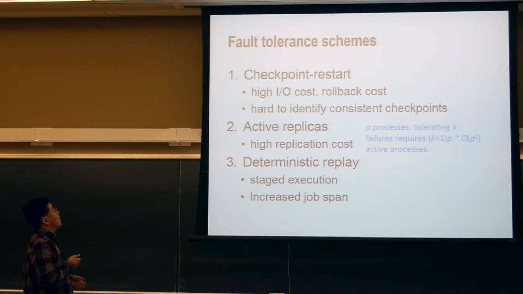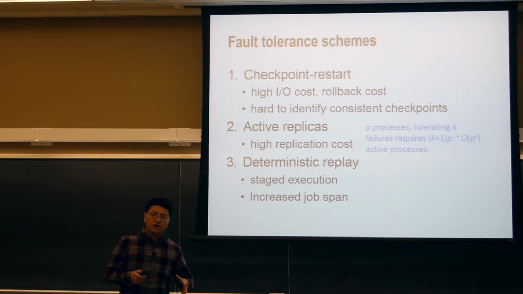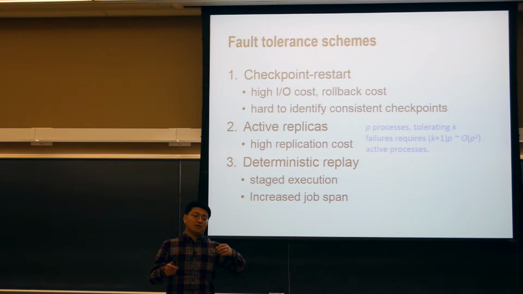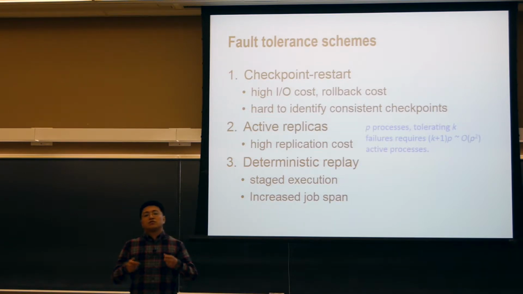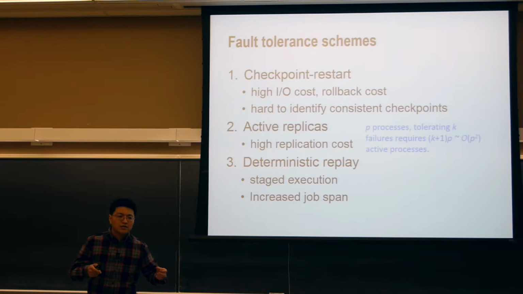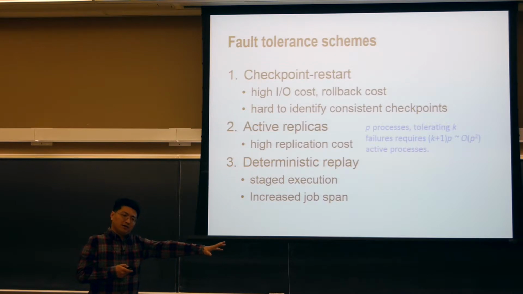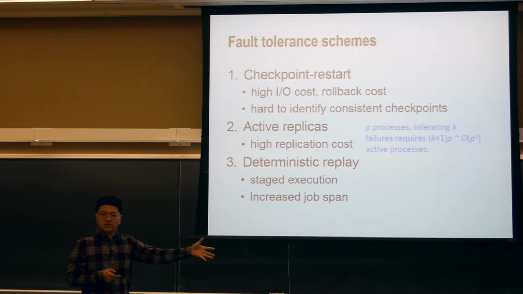The first is called checkpoint restart. The idea is that we periodically checkpoint the states of the system, like the intermediate solution and the search direction of the conjugate gradient. We write these intermediate states to secondary memory, like flash memory or hard disk.